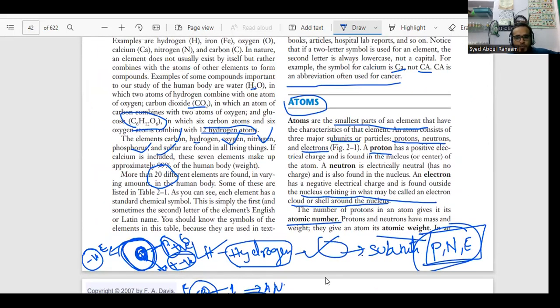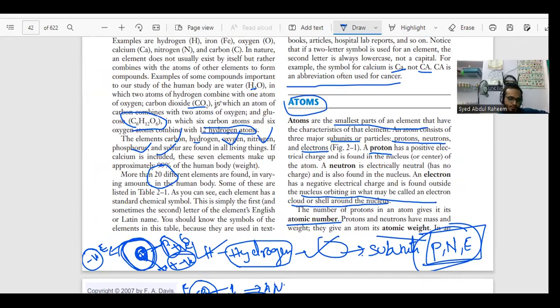Okay, so in this whiteboard, basically the smallest unit of the body is the element. We will take one example. This is hydrogen. Hydrogen is an element.